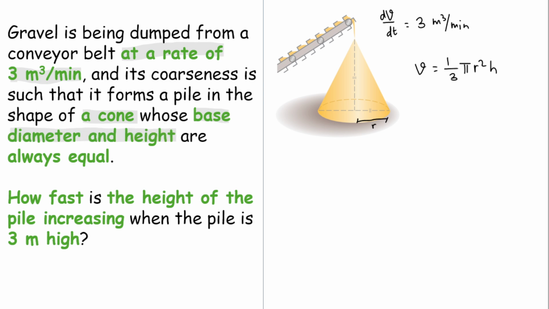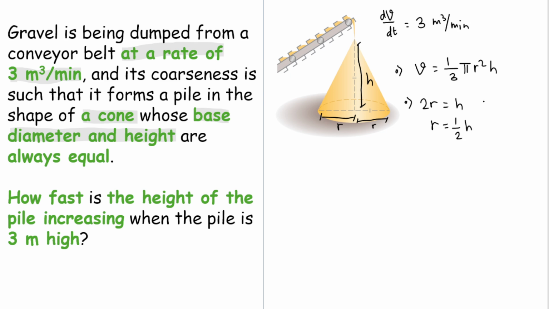So if this is r, this is also r, and this 2r here is the diameter, and that means that 2r is equal to its height h. So we have another relationship: 2r is equal to h, or I can rewrite it as r is equal to 1/2 of h.